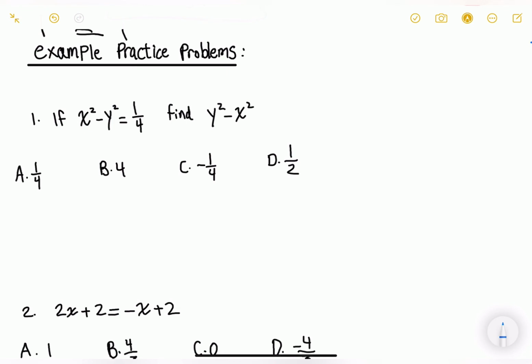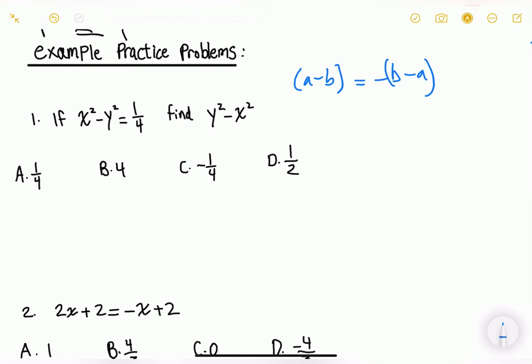Do you guys remember when we said that a minus b equals negative b minus a? We said that in our note section. With that in mind, we can simply apply it.